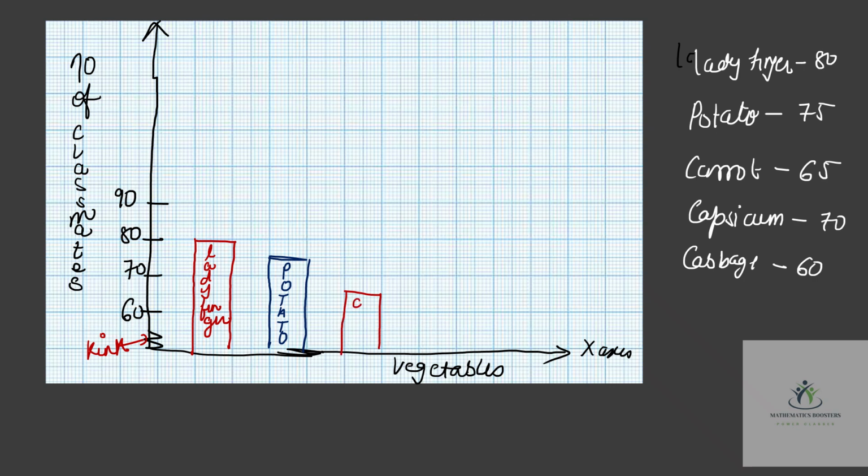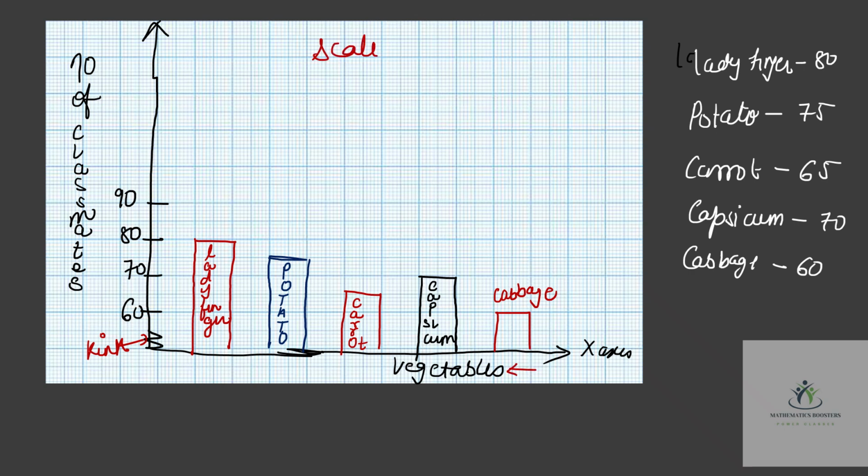This is carrot. Next is capsicum. Capsicum is 70. Leave one gap. Capsicum. Again leave one gap. Last is cabbage. This is cabbage.